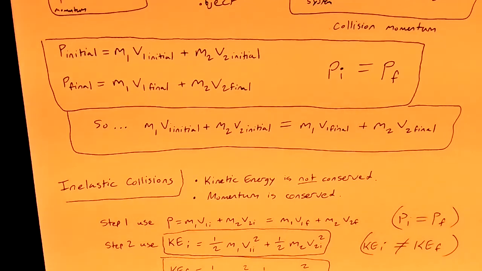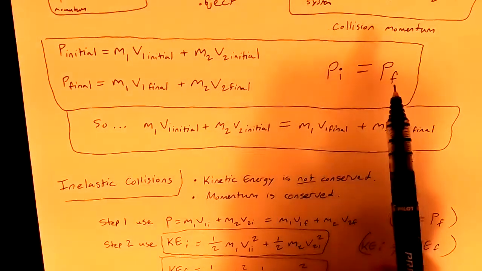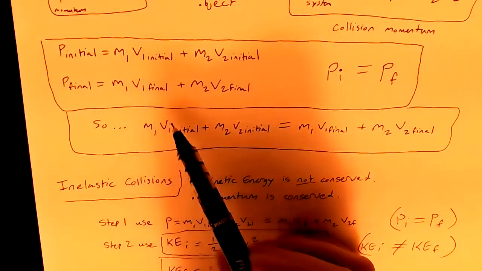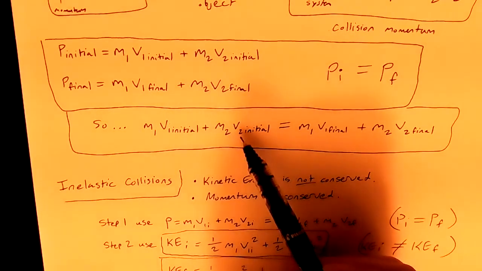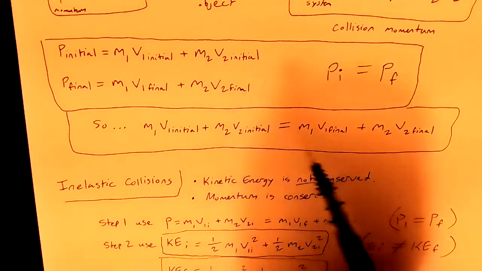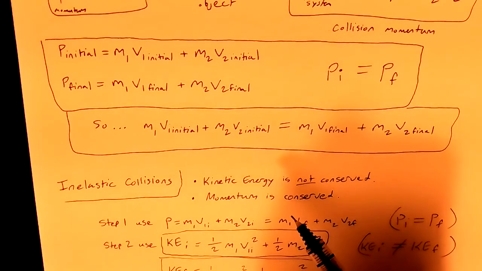And we'll use this to solve equations in the mastery test. And we'll set them equal to each other. So if this equals that, then we can put m1 times the initial velocity plus m2 times the initial velocity for that object equals the final version of that.